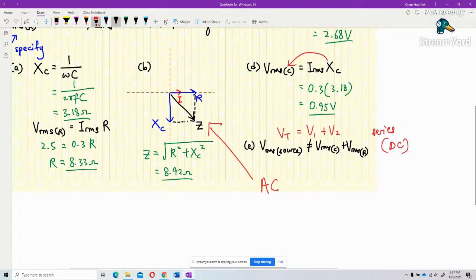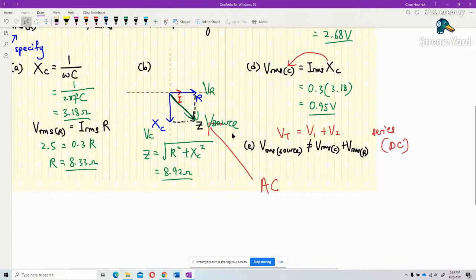I don't want to waste too much time here. That means it's just like VR here lah, and then XC is VC. Then only you can get the V source. Understand or not? This one I put resistor, but if voltage I just put voltage, VR and VC and V source.